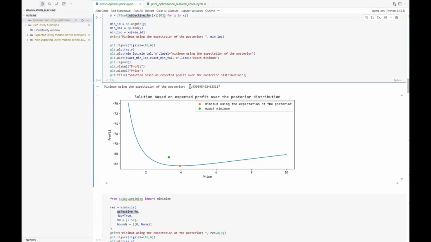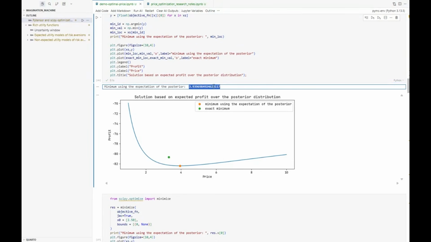So you can see that even though we recovered the true parameters quite clearly, it still recommends a price of around $4, which is quite a bit different than the actual minimum. So a small amount of uncertainty in the elasticity results in a big change in the recommended price.